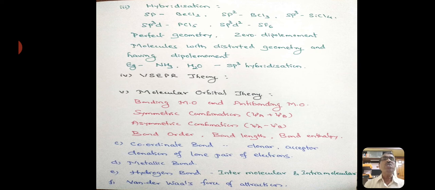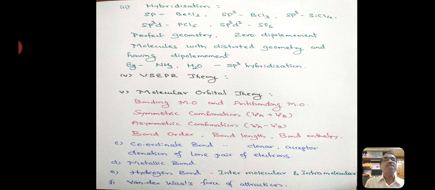But this theory could not explain the geometry of molecules. When a molecule has more than two atoms, the valence bond theory could not explain the geometry of the molecules. Therefore, this theory was extended by introducing the idea of hybridization.